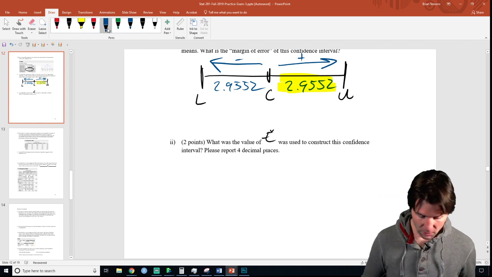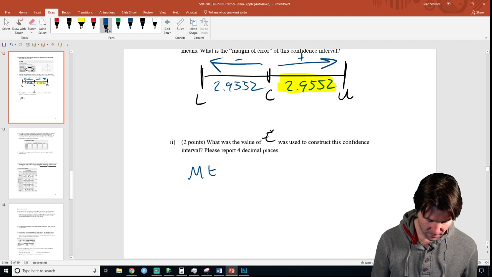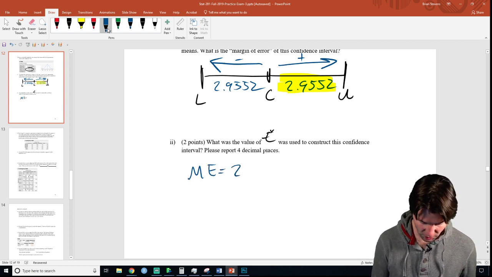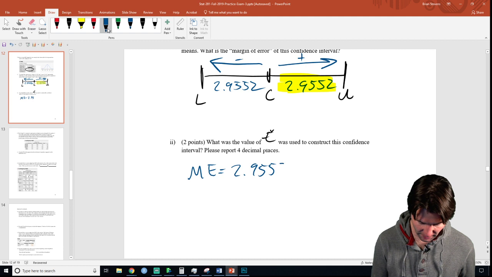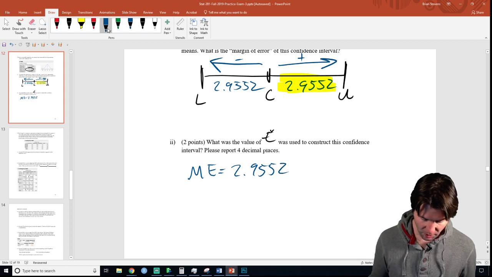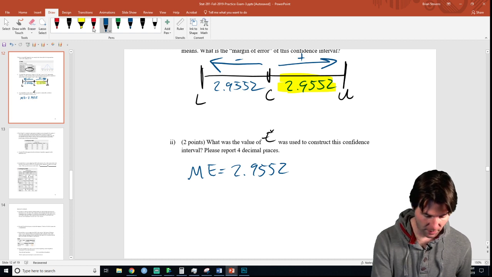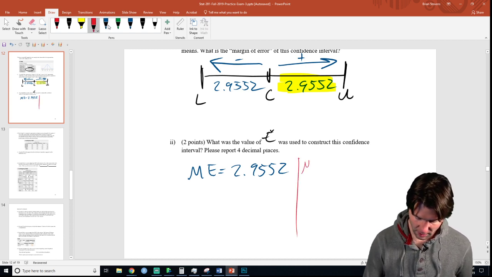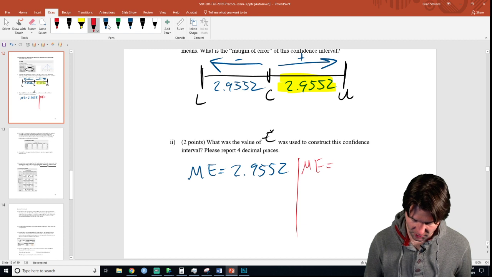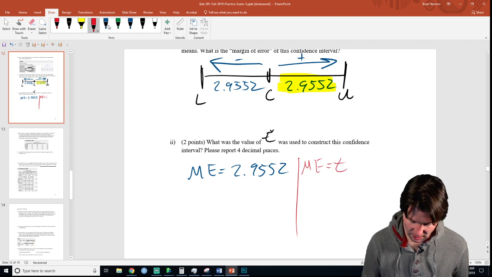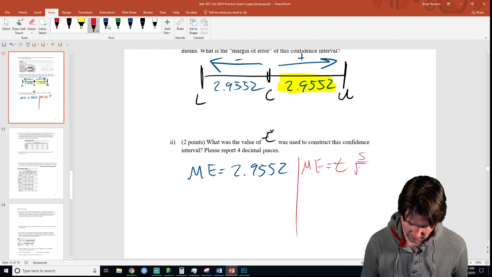Okay, so this is the margin of error. Margin of error equals 2.9552. So we know what the margin of error is equal to, but now we need to know that the margin of error, I'm going to put it over here equation-wise, the margin of error is equal to T times S over square root of n.